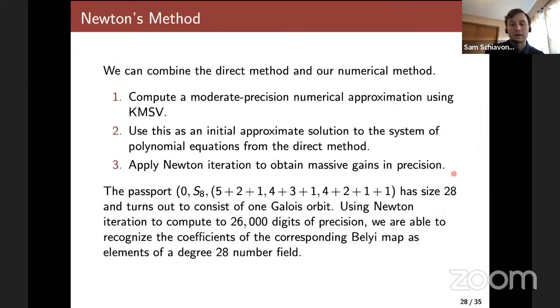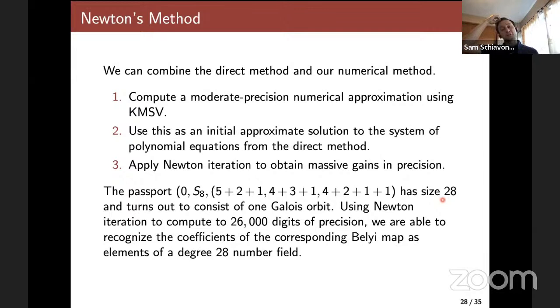So for instance, consider the passport. It's a genus 2 passport with monodromy group S8 with this ramification type. And you can compute that this passport has size 28. And it turns out that it consists of just one Galois orbit. So that means that you have some equation defined over a degree 28 number field, that's pretty big, right?